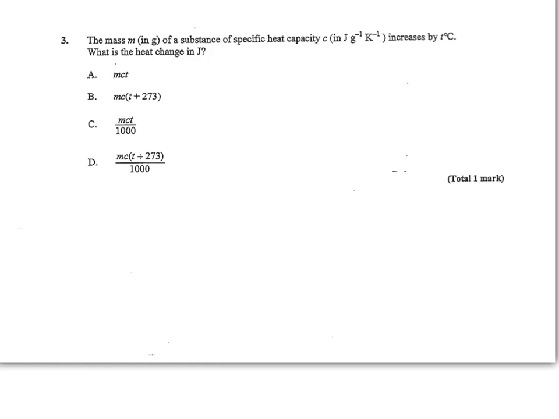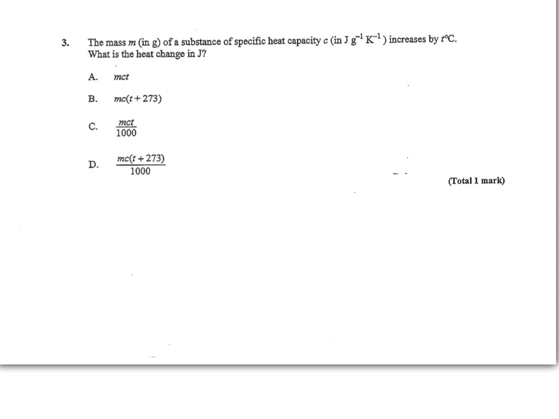Number 3, most of you got this right. They're just asking, does it make any difference if heat capacity is in joules per gram per Kelvin degree and your temperature is measured in Celsius degrees? So what they're really asking is, what's the relationship between Kelvin and Celsius?